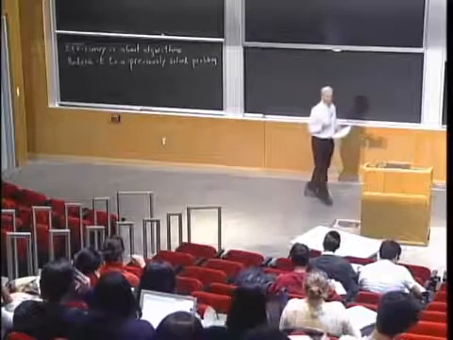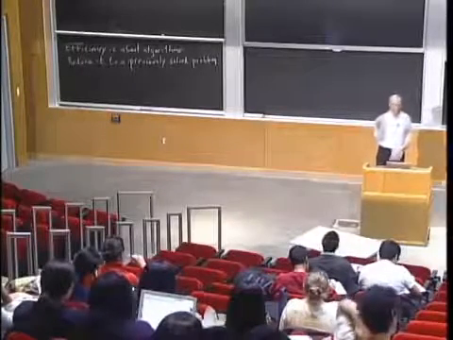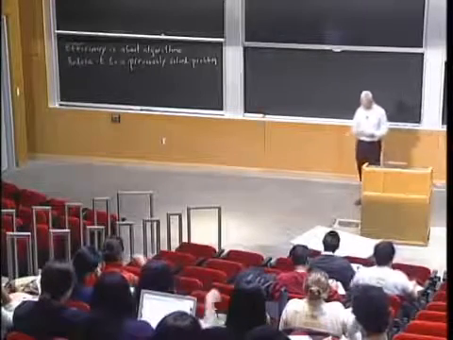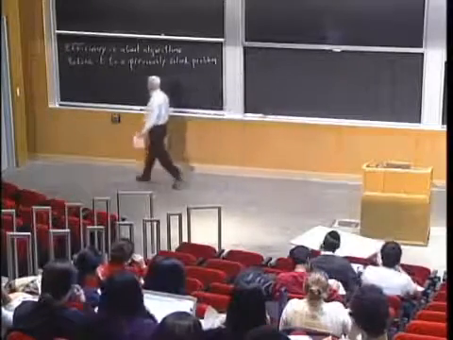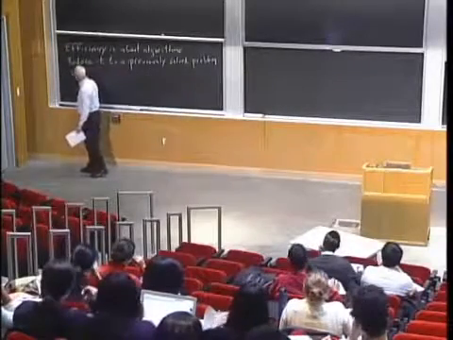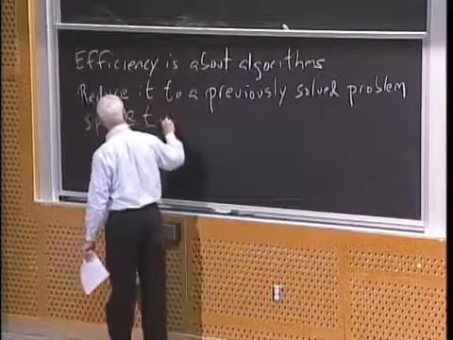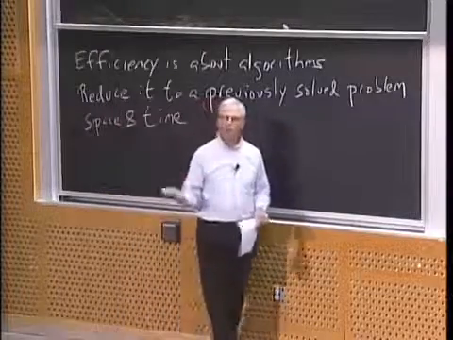Before I spend time on problem reduction, however, I want to draw back and look at the general question of how we think about efficiency. We think about it in 2 dimensions, space and time. And as we'll see later in the term, we can often trade one for the other.